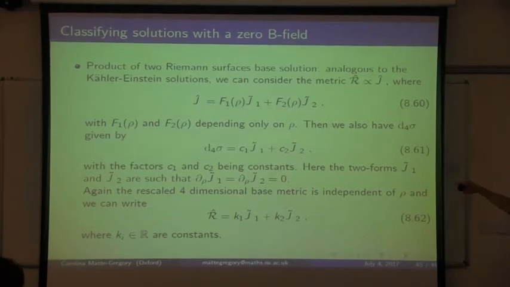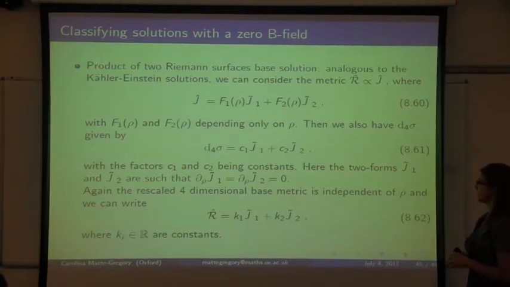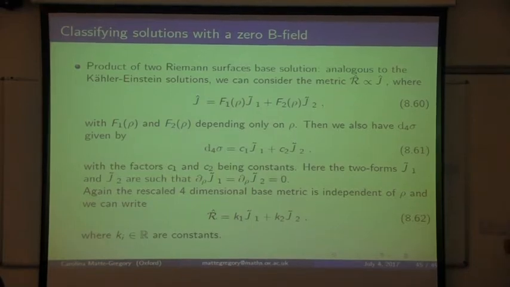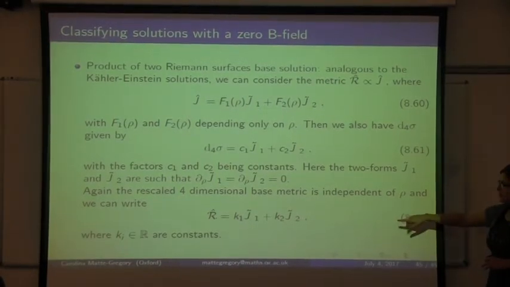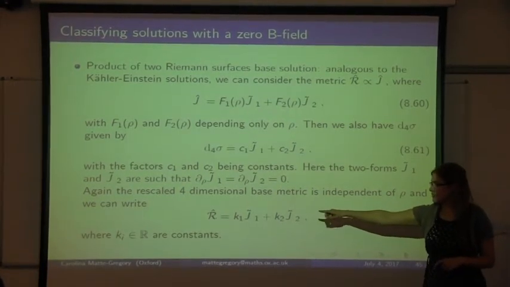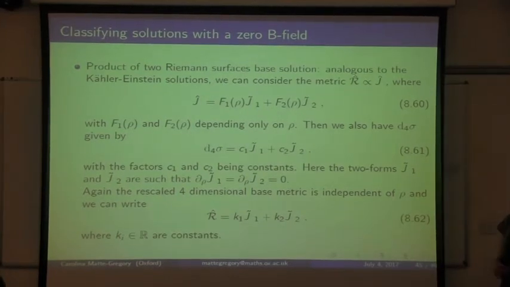Now, we have these two forms, g1 and g2, such that they do not depend on the direction. And then I can write the metric in terms of these J's, and then I have these k1 and k2 that are also constants.